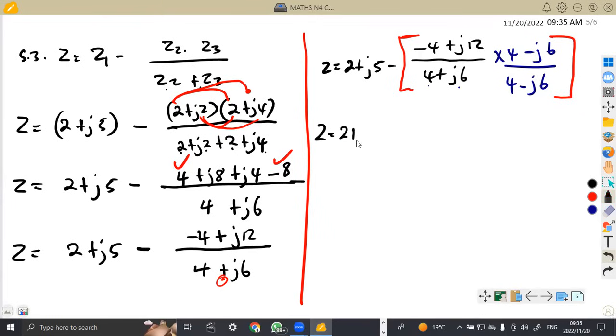So z was going to be 2 plus j5 minus, okay, let's simplify here. We can multiply the numerator. That's minus 4 times 4, which is negative 16, minus 4 and minus, that's a positive j24, 4 times 6, that's 24. We move on to j12 and 4, that's 48, so it's going to be plus j48.